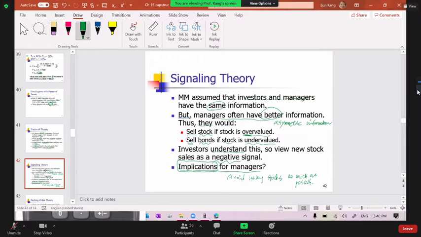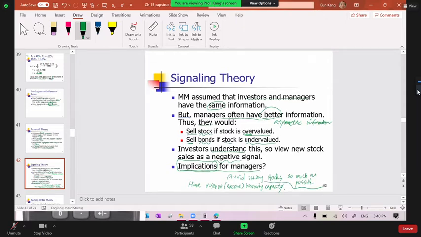Another implication is to have reserve or excess borrowing capacity. That is important. So they try to make sure that they have reserve or extra borrowing capacity.